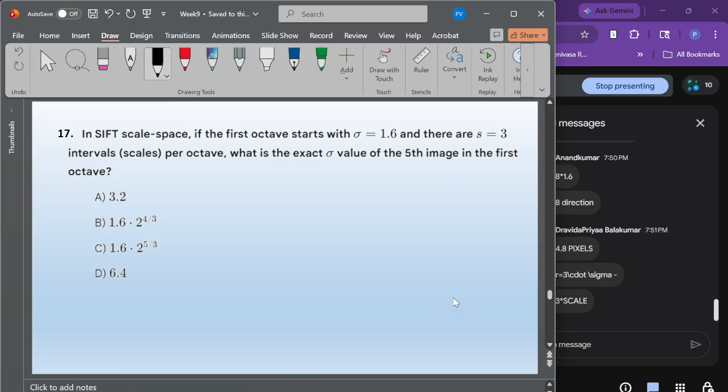The next question is, in SIFT scale space, if the first octave starts with sigma equal to 1.6 and there are s equal to 3 intervals, that is scales per octave, what is the exact sigma value of the fifth image in the first octave?